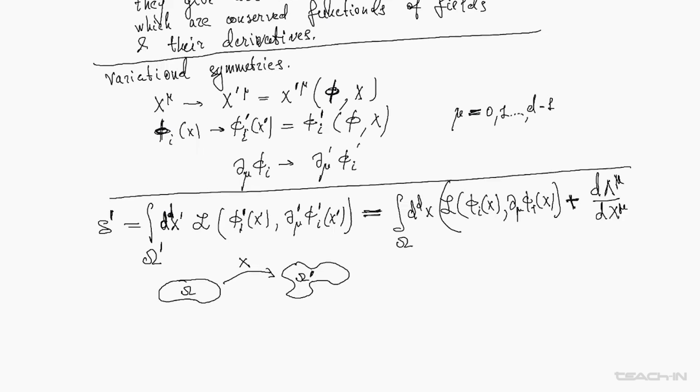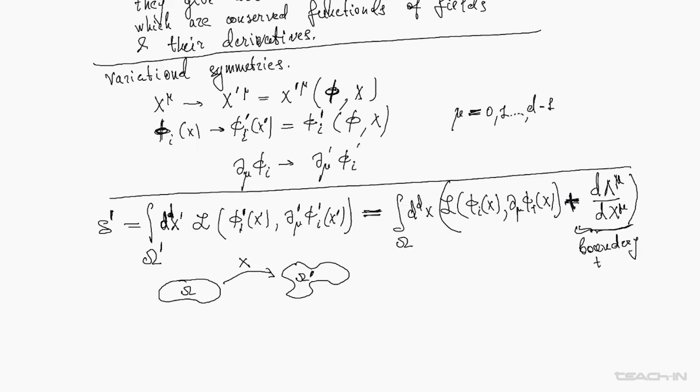And you remember in the last lecture, we discussed that adding such a derivative, where Λ^μ is a function of fields φ, does not influence equations of motion. So variational symmetries allow the change of the action up to a boundary term. It is this boundary term which the Noether theorem allows. Okay, so this is a condition required in the Noether theorem.